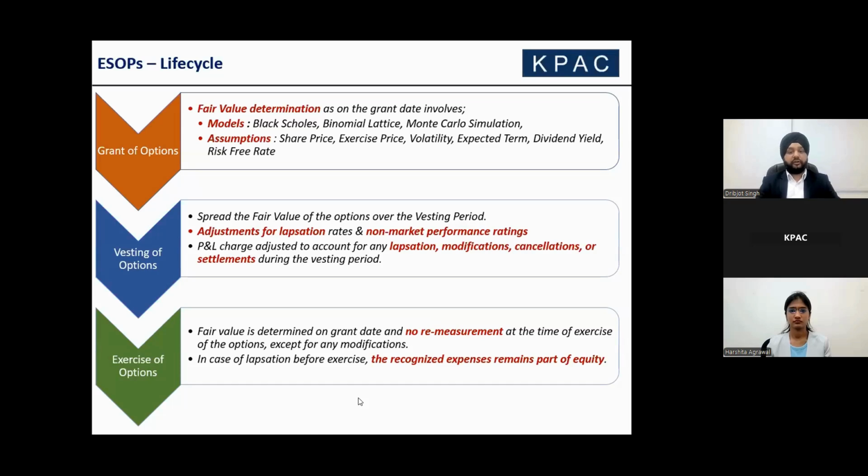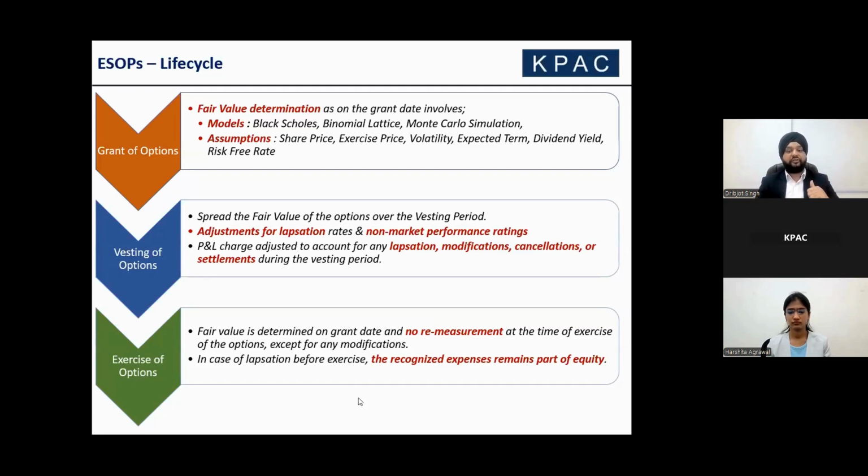Let's take a closer look at how an ESOP progresses from grant to exercise and what happens at each stage. The first stage is the granting of options. This is where the journey begins. The company grants stock options to the employees, but handing them out isn't enough. There's a structured approach to determine their fair value.